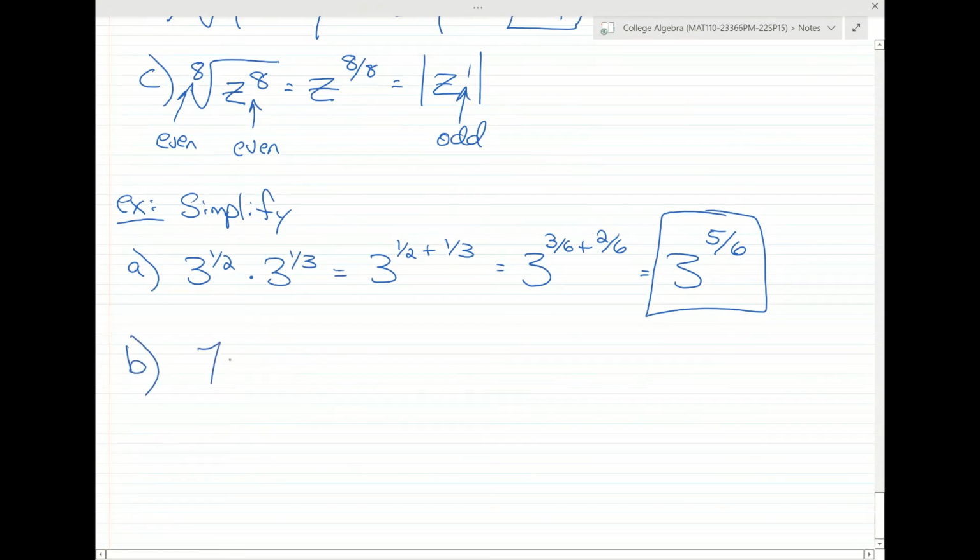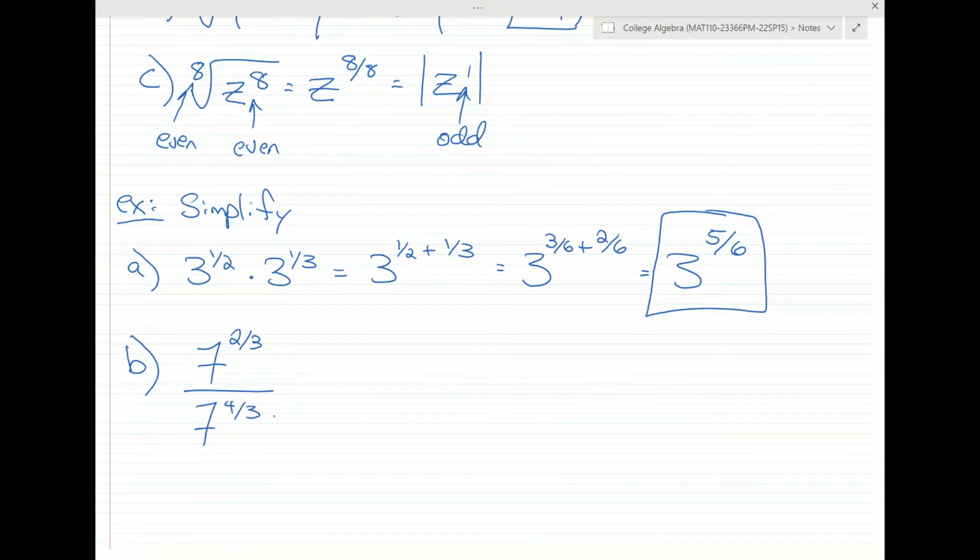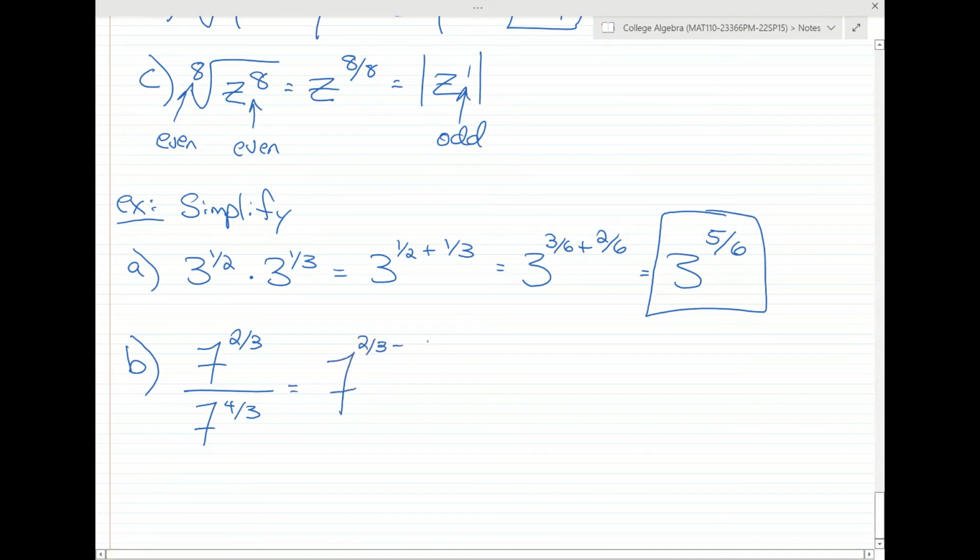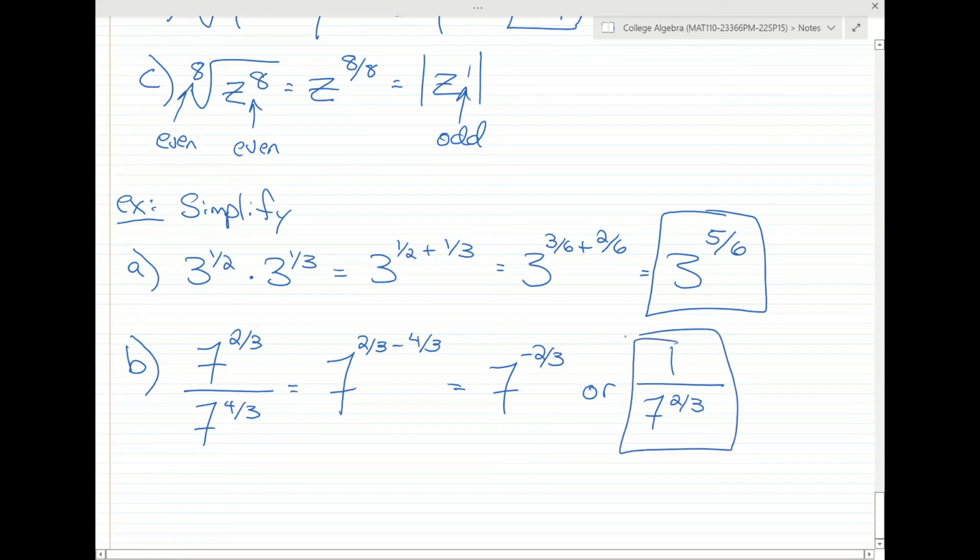What if we had 7 to the 2/3 divided by 7 to the 4/3? Subtract it. 7 to the 2/3 minus 4/3, which is just negative 2/3, or 1 over 7 to the 2/3 power. Remember, negative power means you switch the position.